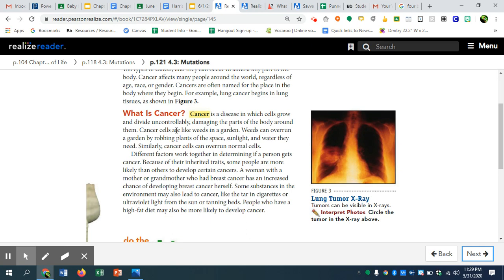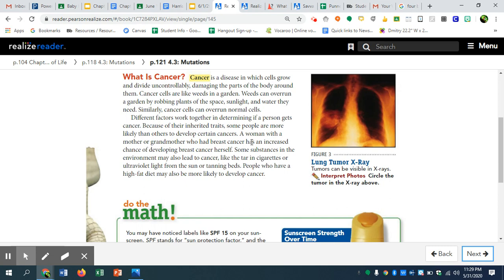Weeds can overrun a garden by robbing the plants of space, sunlight, water, all the basic necessities of life. Similarly, cancer cells can overrun normal cells. So if you take a look at figure 3 right here, it's a lung tumor x-ray. Tumors can be visible in x-rays. Circle the tumor in the x-ray above.